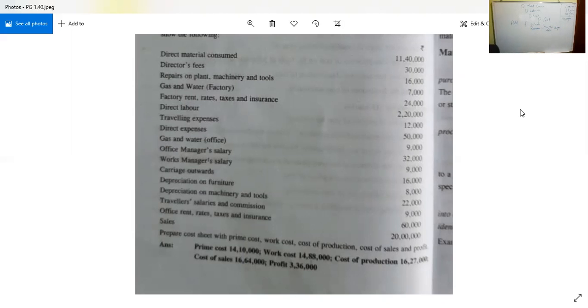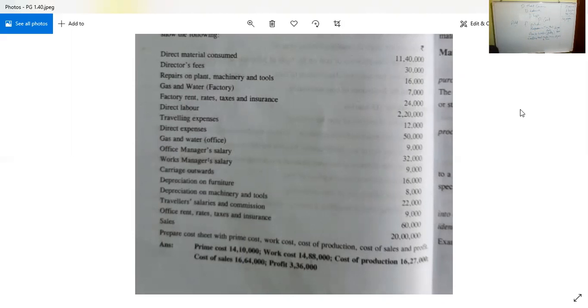Then gas and water factory, how much it is? 7,000. Then factory rent, rates, taxes and insurance. It is 24,000.